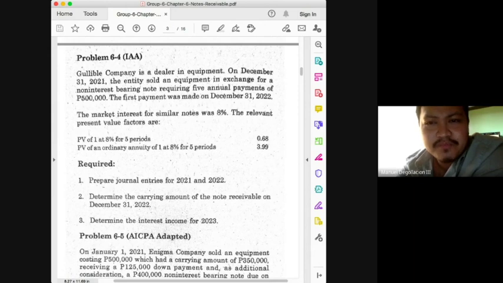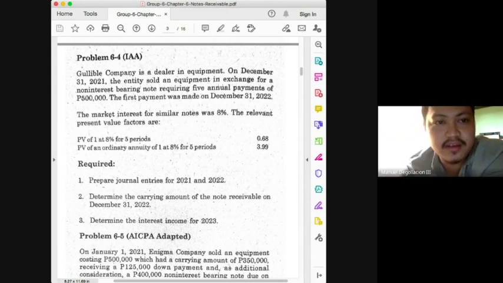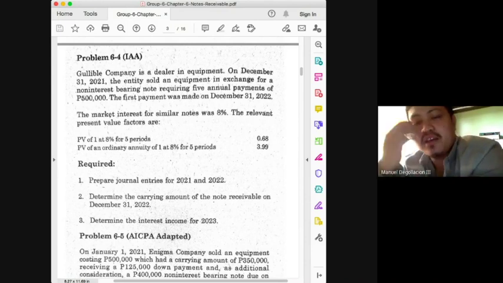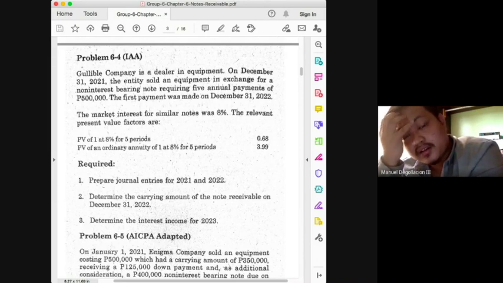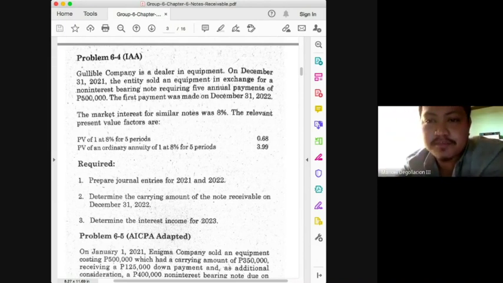If this was an interest bearing note, then the entire 2,500,000 would have been credited to our sales. But since the promissory note is non-interest bearing, we now assume that the 2,500,000 that we will receive in total over the next 5 years will be composed of principal payments representing the consideration for the sales transaction and the imputed interest, the implied interest that is already understood to be part of the payments.